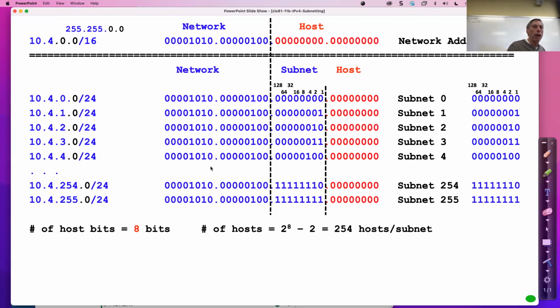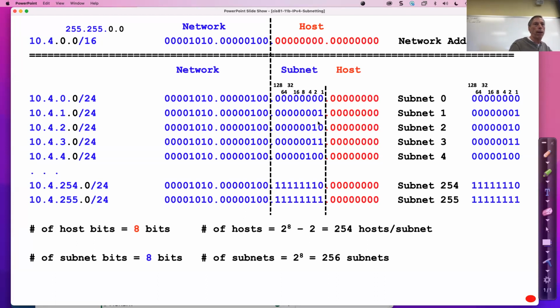We have our host bits are 8 bits. That's 2 to the 8th minus 2, or 254 hosts per subnet. Now we're losing 2 hosts per subnet because in every subnet, we can't assign the network address or the broadcast address to a device. How many subnets do we have?